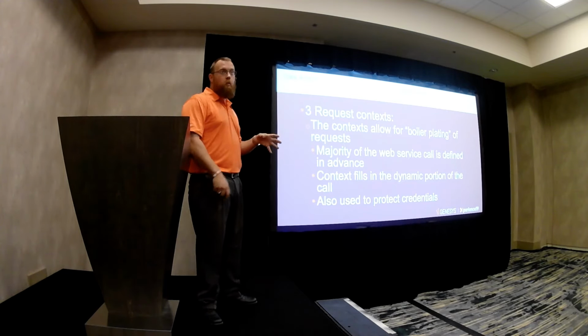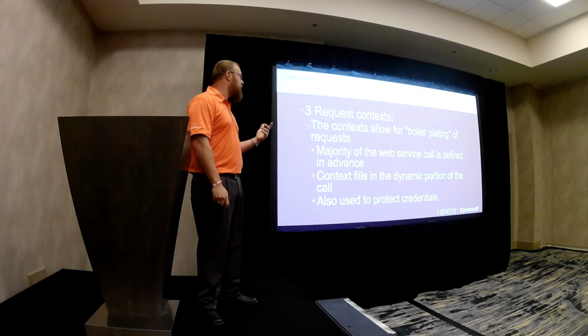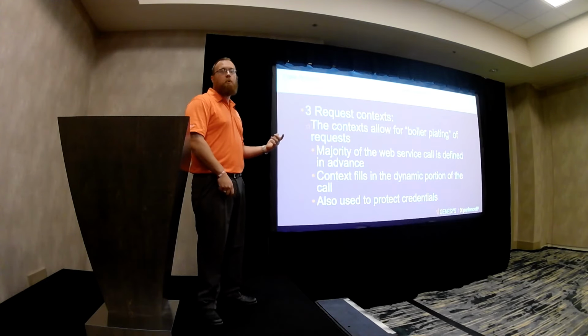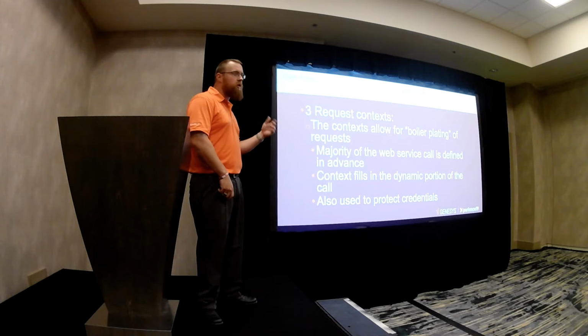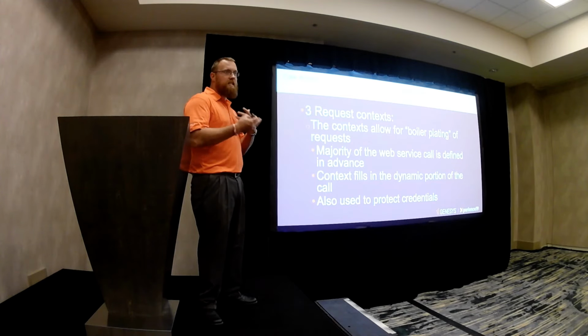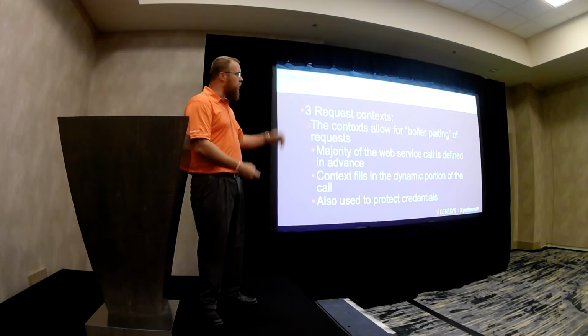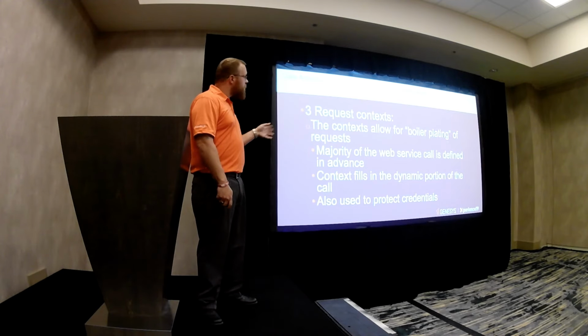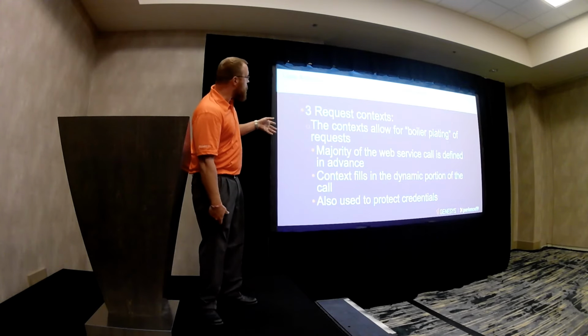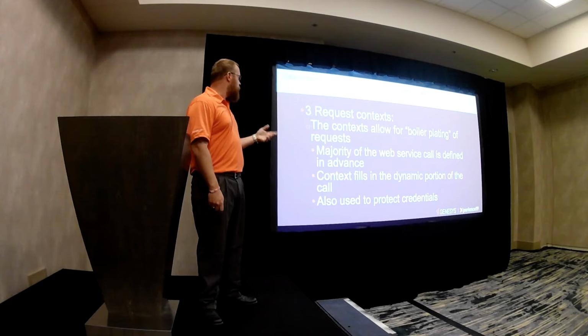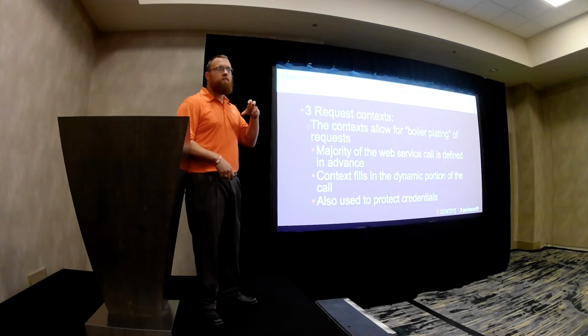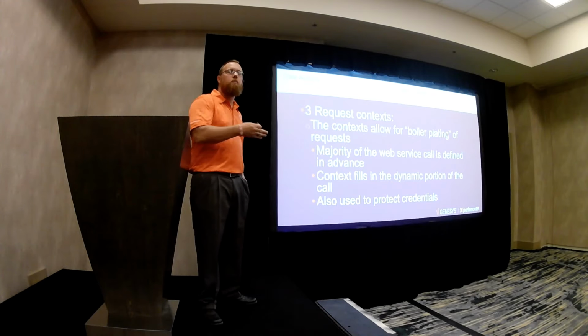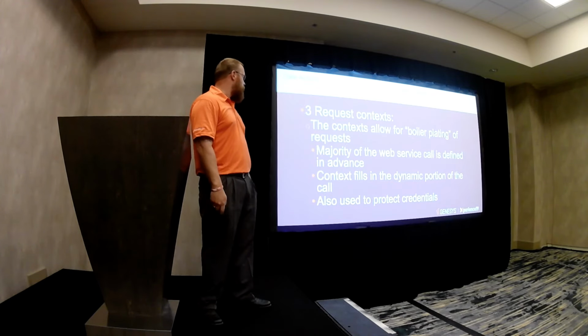The only thing that wasn't boilerplate in our data action was the input context that we were using. So that input.phone number was the dynamic part. Everything else was just kind of hard-coded in there. For most of our web service calls, that's generally going to be sufficient, and we're able to use the context to fill in those variables, the things that are going to be different between each of the different action calls.